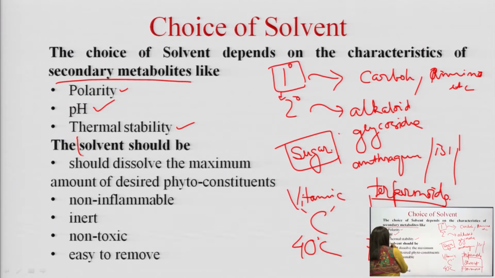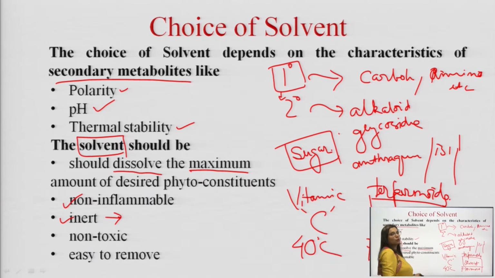Next are the ideal characteristics of the solvents chosen for the extraction procedure. It should be able to dissolve the maximum amount of the phytoconstituent, the secondary or primary metabolite, which is intended to be extracted. The solvent must be non-inflammable. Secondly, it should be inert.